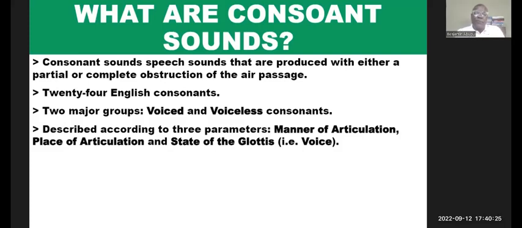A plosive sound is produced in the same manner as we produce P and B.